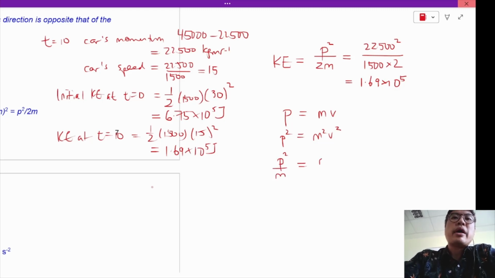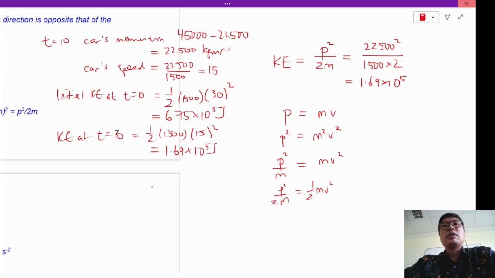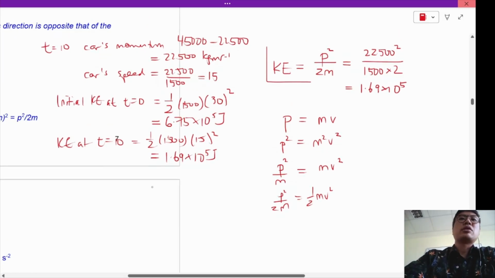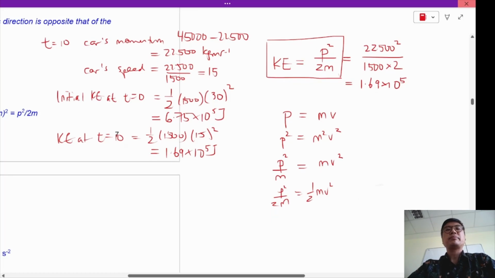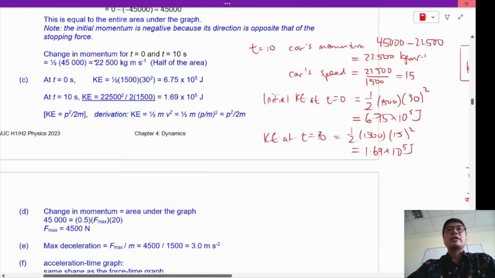So that will be m v squared. And then let's multiply it by half. So p squared over 2m will be half m v squared. Ta-da! So kinetic energy is equal to momentum squared divided by twice the mass. This is a very useful relation that you need to know for nuclear physics later on. Okay, so we are done with question C.